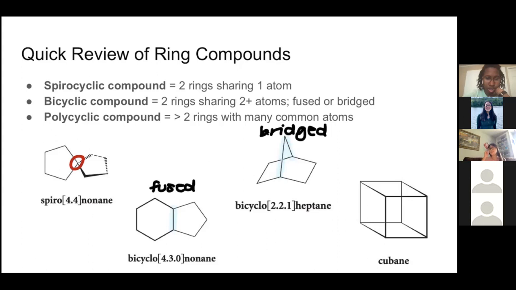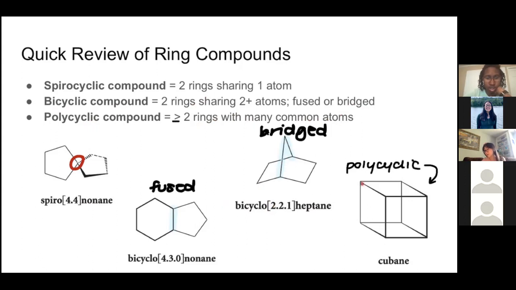Last but not least, you're going to get polycyclic compounds. Those are going to be two or more rings. You're going to see differing definitions online, but with many common atoms. A lot of the time, bicyclic compounds can be classified as polycyclic. You'll see that they tend to have the bicyclo prefix anyway. One example of a polycyclic compound that is not bicyclic is going to be this cubane, this crazy looking guy.